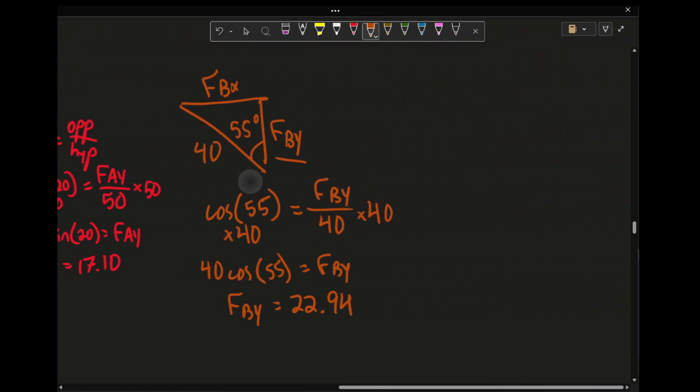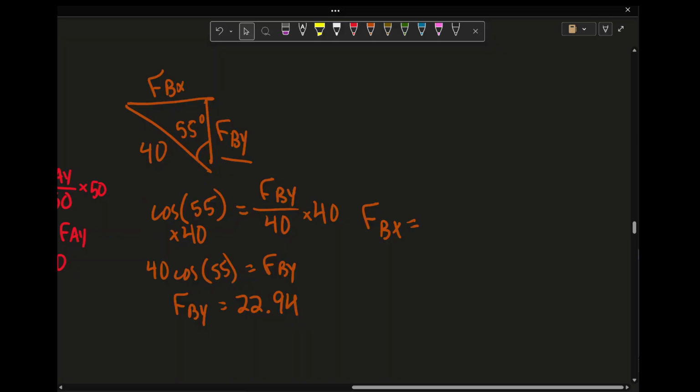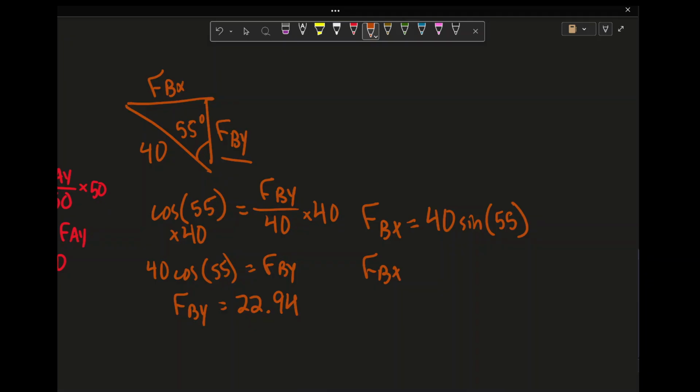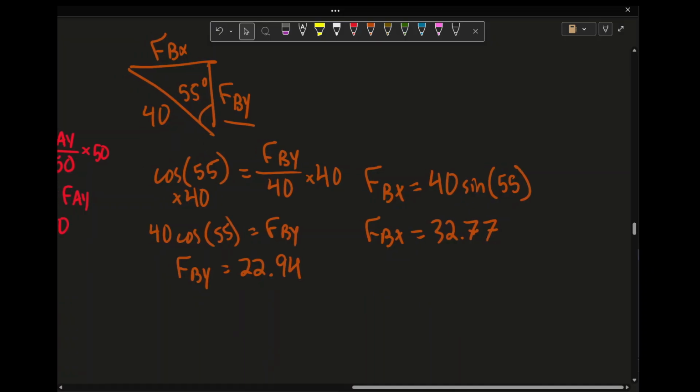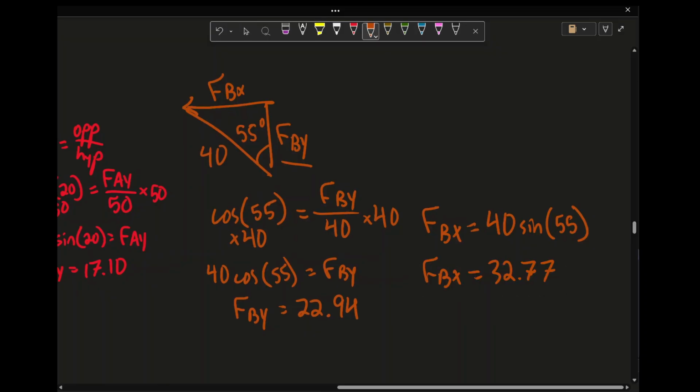Then FBX is going to be 40 sine of 55, which is 32.77. Being very careful here, noticing that FBX is actually pointing in the negative direction. So when we add these together, that is going to be extremely important.